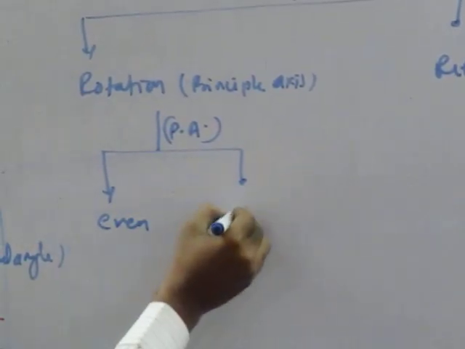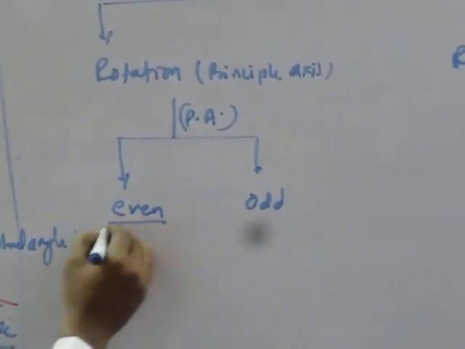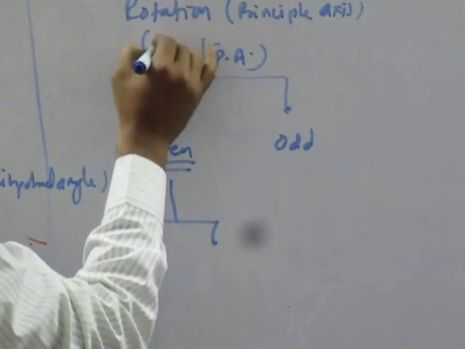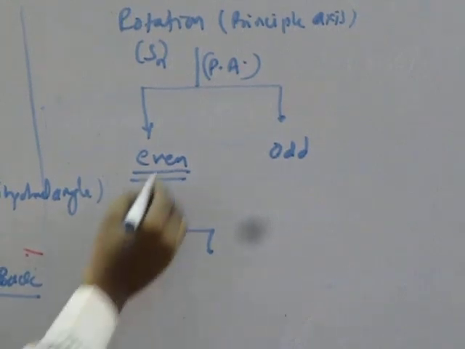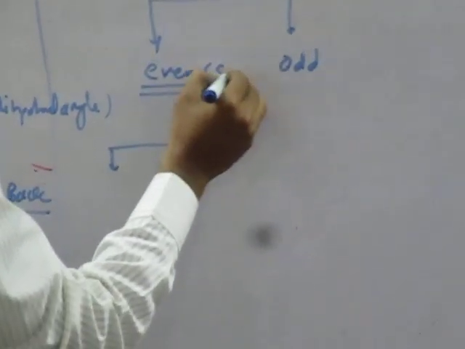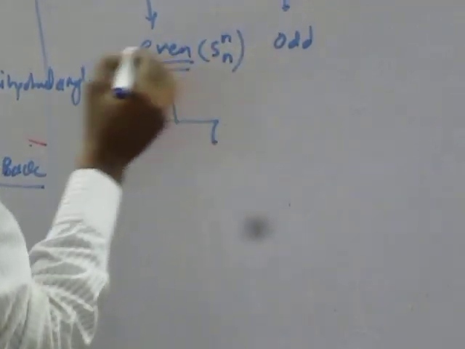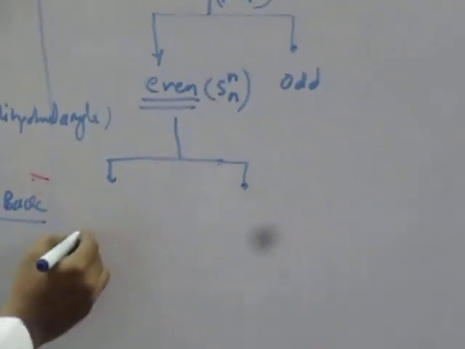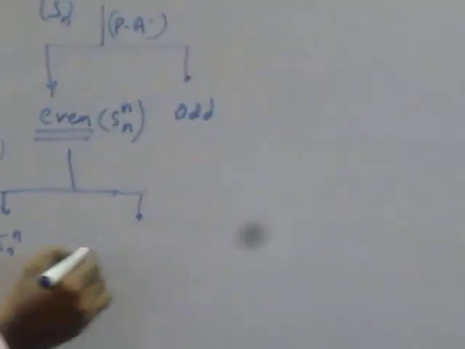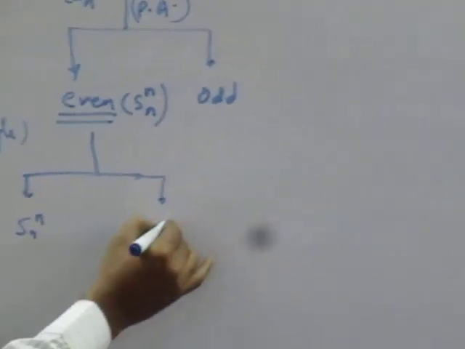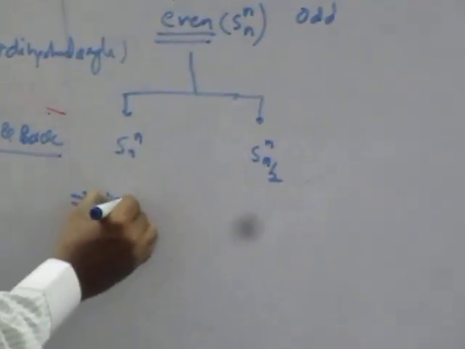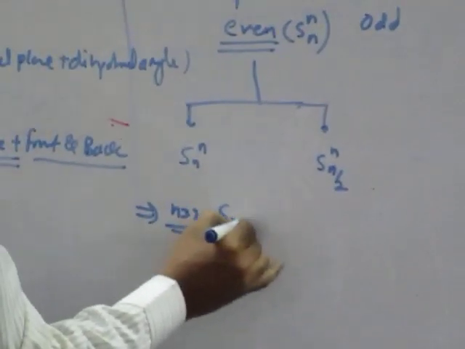Even and odd: if it is even, it is denoted by Sn. If it is even, the Cn representation is contained by two parent elements, Sn and Sn by 2. So if n equals 2, then S2 of 1 to 2 and S of 1 to 1.